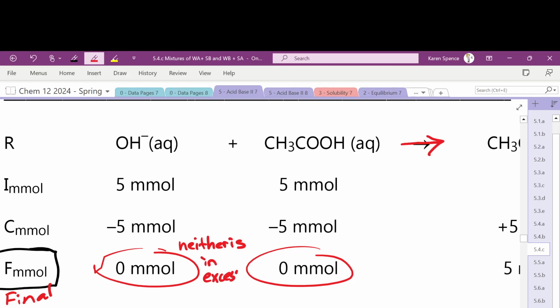What do we call this point? If we were doing a titration, what would this point be called? Where neither is in excess. We've just reacted them perfectly. It is the equivalence point.